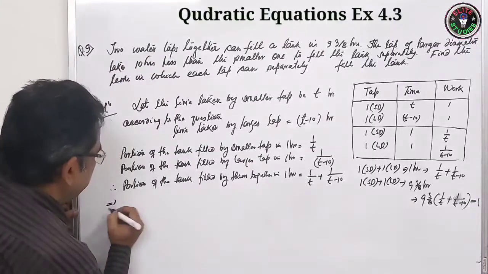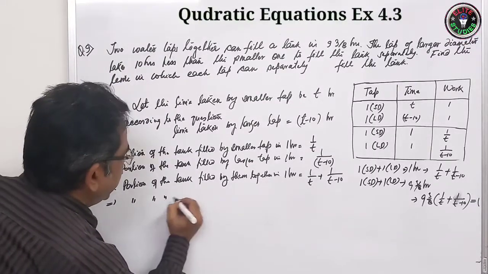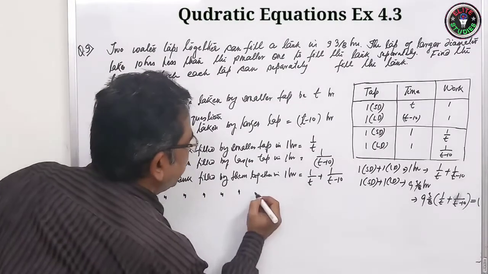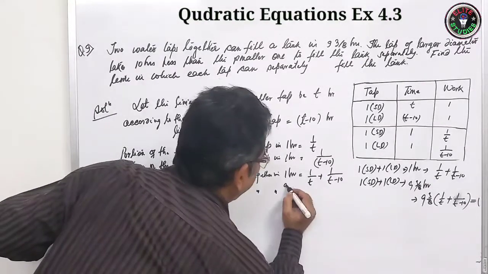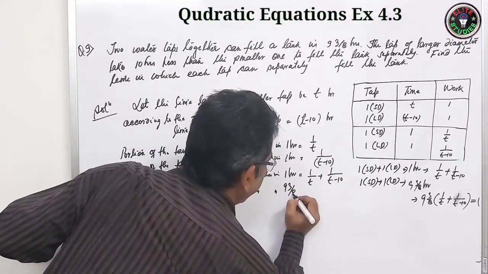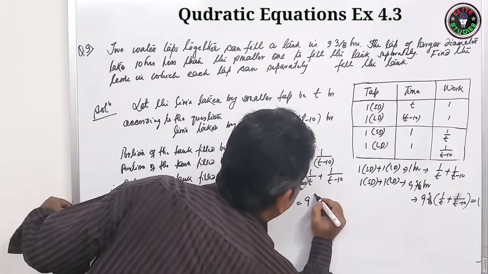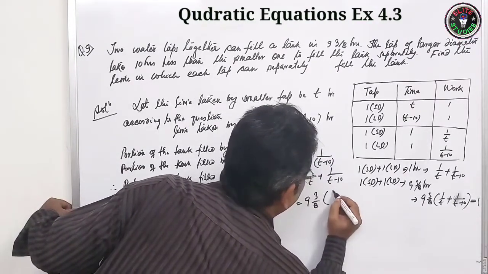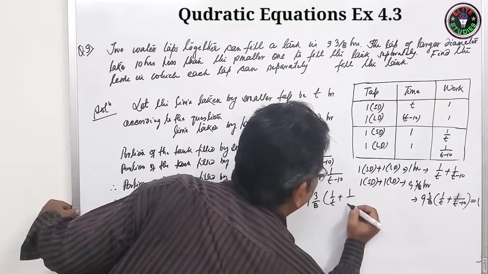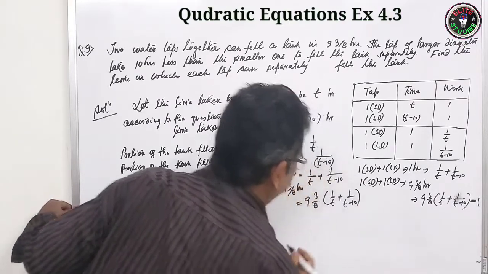So implies portion of the tank filled by them together in 9 3 by 8 hours will be equal to 9 3 by 8 times 1 by t plus 1 by t minus 10.